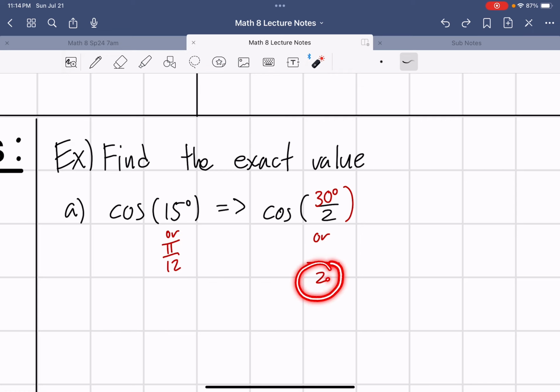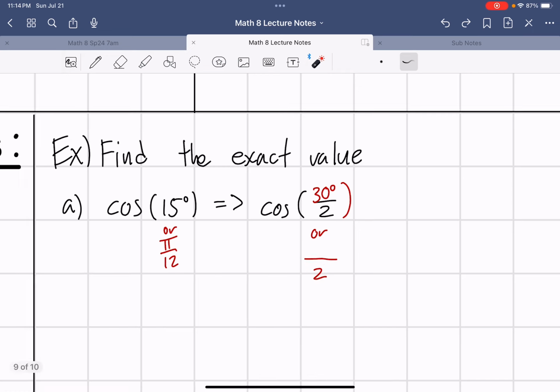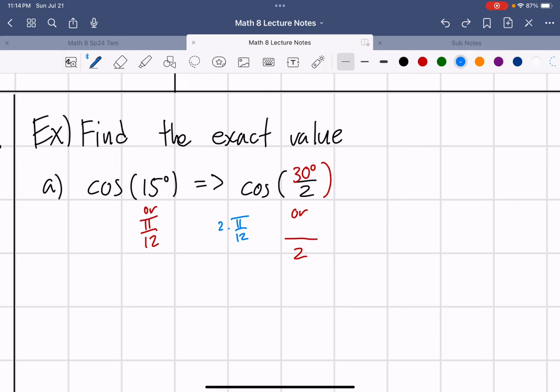That's not going to allow me to see what's going on. Now, if I were to multiply 2 to pi over 12 first, that would give me pi over 6 if I simplify it. And then I leave my 2 in the denominator. Because if I were to divide pi over 6 by 2, I would multiply by the reciprocal, which would take me back to pi over 12.